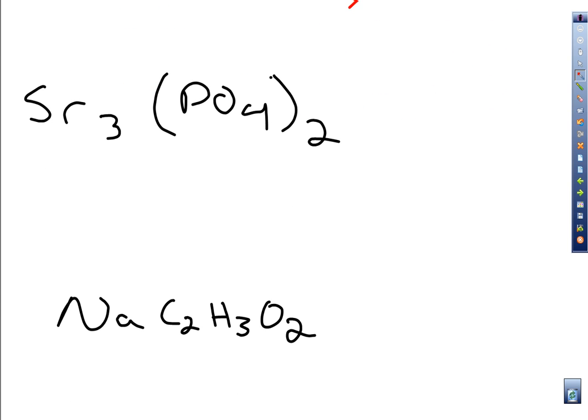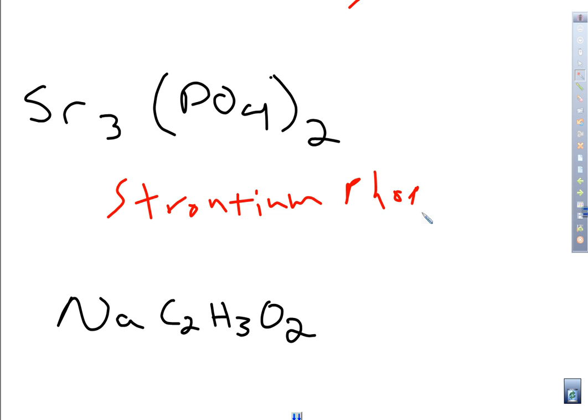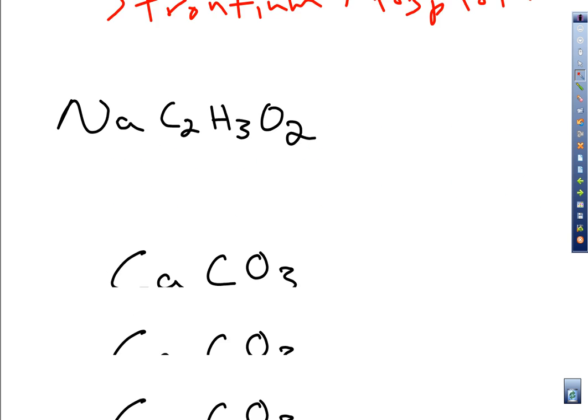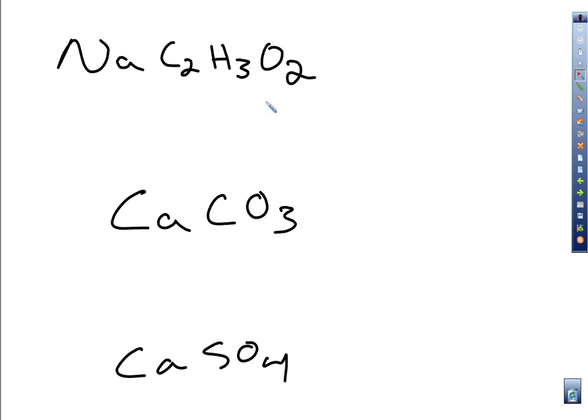That's all you got. Sr3(PO4)2. So that's strontium phosphate. That's it. Nothing else. So hopefully you got that this one is sodium acetate, that one's calcium carbonate, and that one's calcium sulfate. Okay? So there you go.